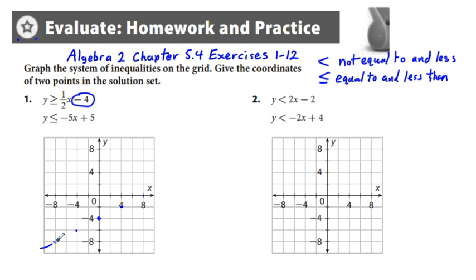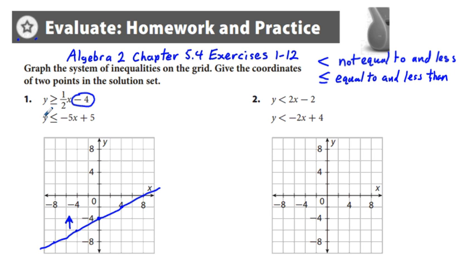Now I'm doing it freehand here on this glitchy tool. That's not so bad. And equal to and greater than. So I'm going to put a little up arrow here indicating greater than. So our solution set based on this first inequality is above the boundary line and including.